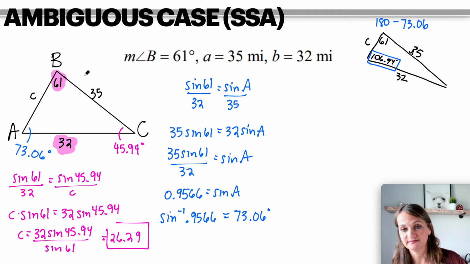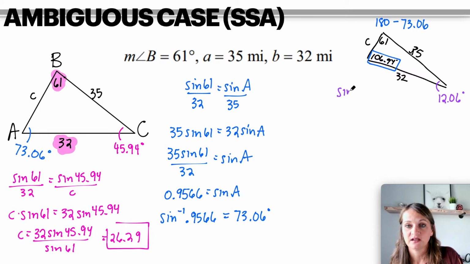However, if angle A is 106.94, that means angle C is 12.06 degrees. You add your two angles together and subtract from 180 and you'll get 12.06.